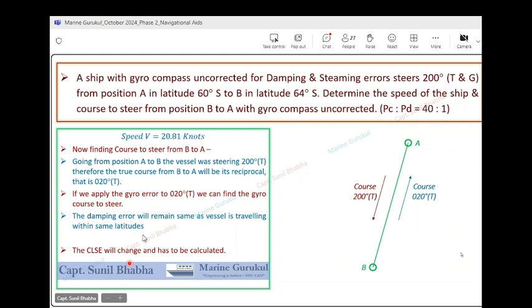Okay, beta. Before I go to the previous slide, if we had not taken the mean latitude, if somebody had taken 60 degrees south when going from A to B, that would make things complicated, because when you are going from B to A using the same logic, you would have to take latitude 64. So the damping error also will become different. So you see, the whole question gets complicated.